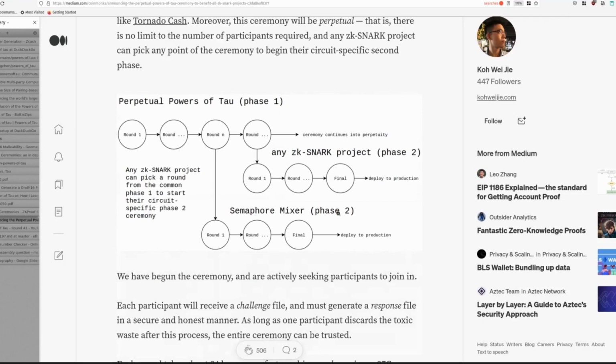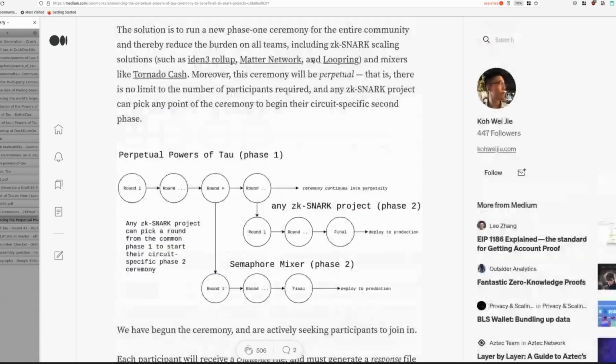My understanding is that this powers of tau ceremony continues perpetually, and then you can do different phase 2s over it. Yeah, exactly. I'm not sure that it's different from the perpetual powers of Tau; I think it's just different ways of saying the same thing.